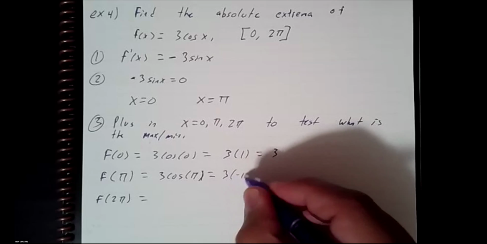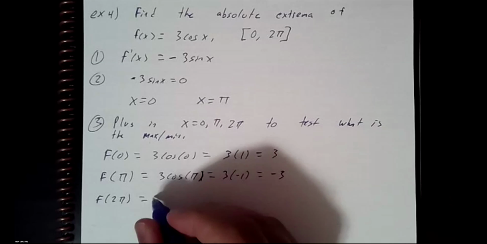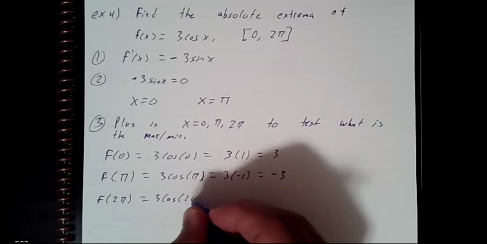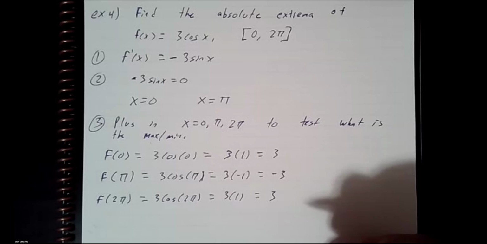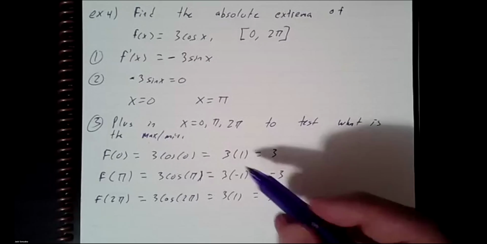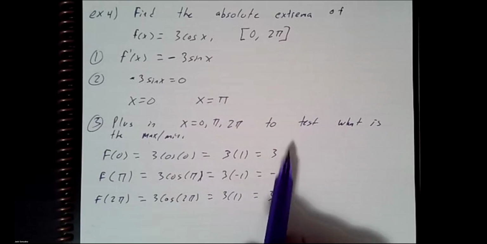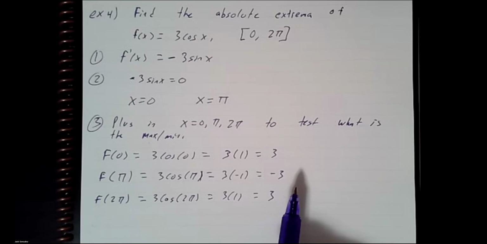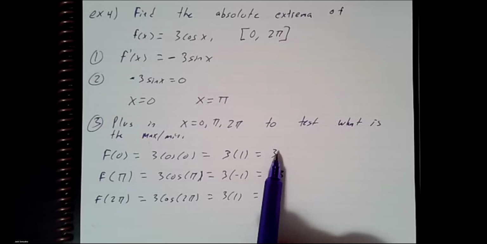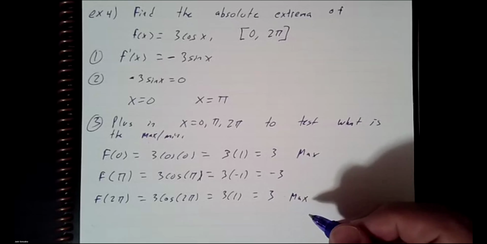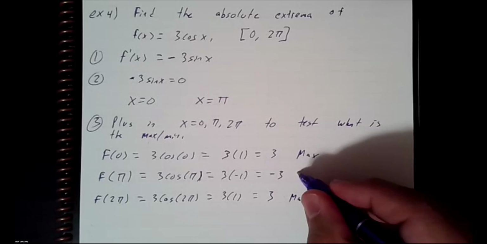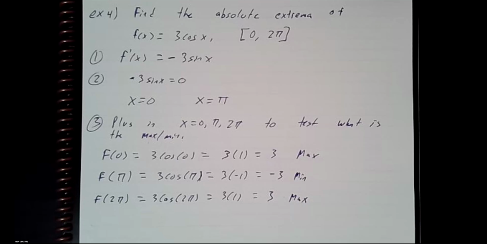This will be 3 times -1, which is -3. 2 pi will be 3 cosine of 2 pi equal to 3 times 1, which is 3. So we have 2 peaks, which makes sense, right? Because remember, cosine is cyclical. This is going to have a couple of maximums if it keeps going. So at the beginning it's at 3, and at the end it's at 3. So we have 2 maxes, or I should say maximums. Technically, global max or absolute max.